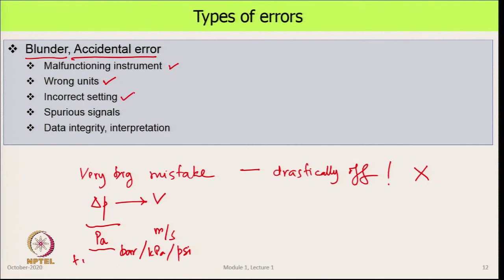Then there could be spurious signals. For example, if you are measuring an electric signal coming from a wire, and we get a very nice signal with a frequency close to 50 hertz, you can be pretty much sure that you have picked up noise from the electric power cable. This is not the signal that you are looking at at all.